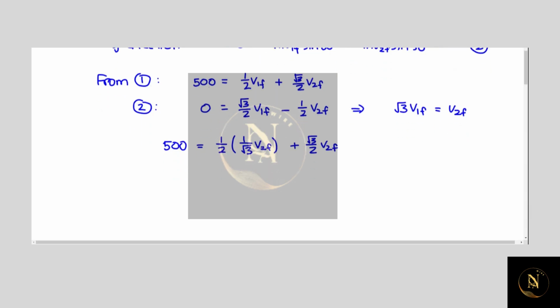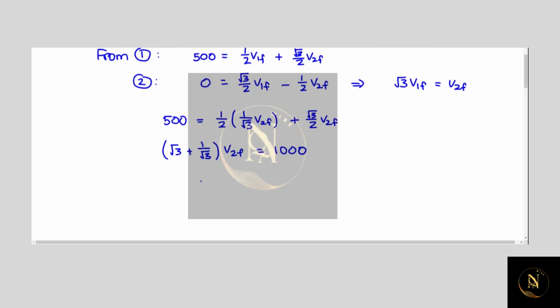So we have root 3 plus 1 over root 3 times v2f is equal to 1000. Then v2f is 1000 divided by root 3 plus 1 over root 3, and you get 433 meters per second. So this is part A.